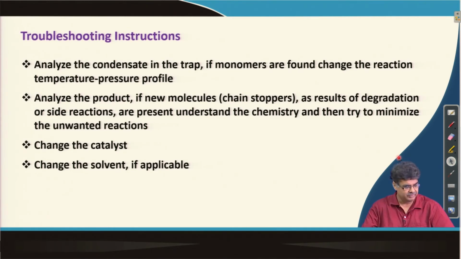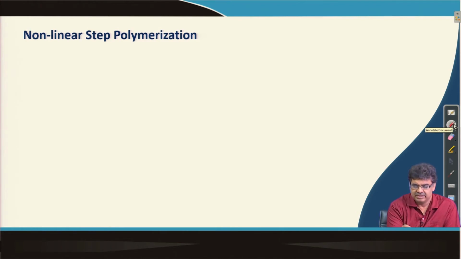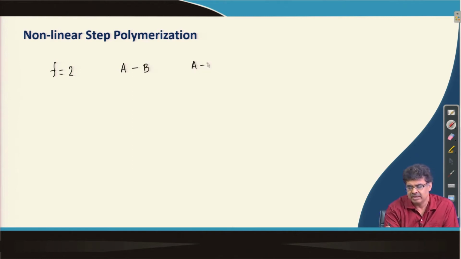Okay, now we will move to the next topic, which is nonlinear step polymerization. Till now we have been discussing linear step polymerization where the monomer functionality was 2. We are either using AB type monomer or AA plus BB type monomer.